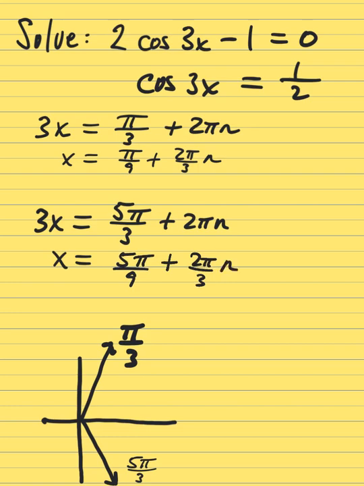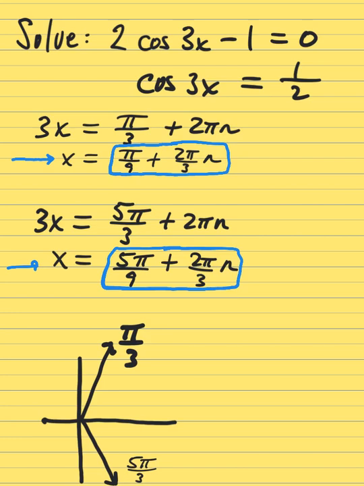So when you record your answers in WebAssign, we're going to need to put in pi over 9 plus 2 pi over 3n, comma, 5 pi over 9 plus 2 pi over 3n as your other one.